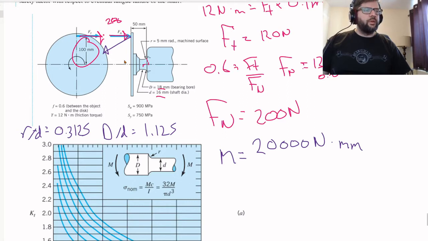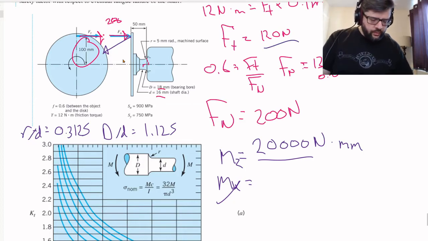So our bending moment about the z-axis is the 20,000 Newton millimeters. Bending moment about the x-axis, sorry, about the y-axis, that's the 120 newtons times the 50 millimeters.